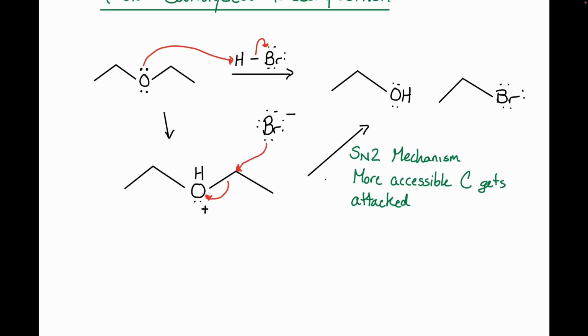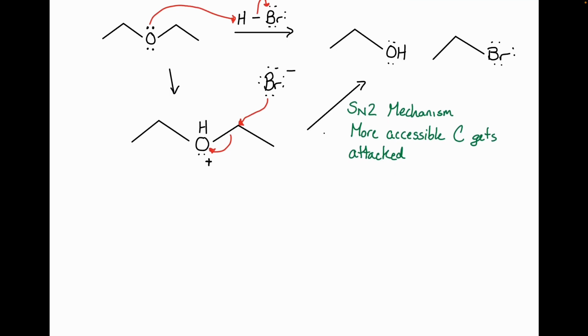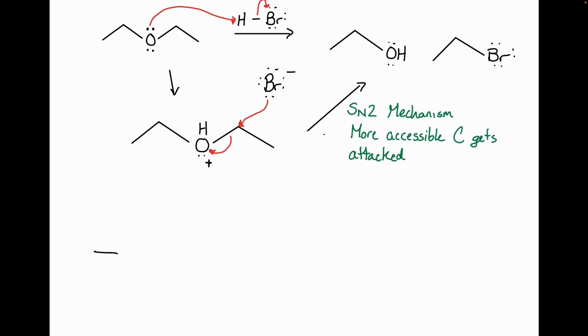All right, so why is that relevant? Let's do another example here, but instead now I'm going to take an asymmetric ether. I'm going to treat it with HBr. All right, and I want you all to take a second and tell me what the products of this reaction would be.